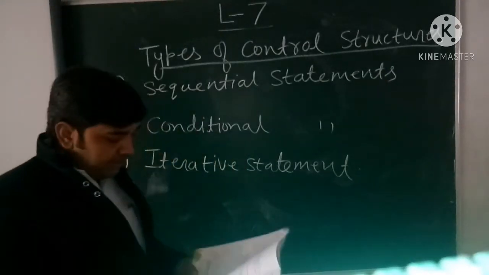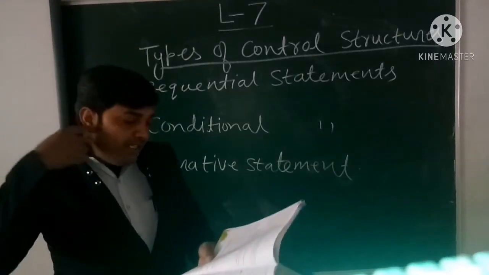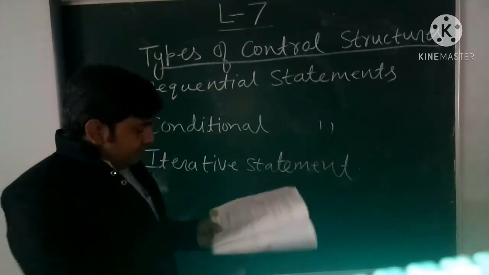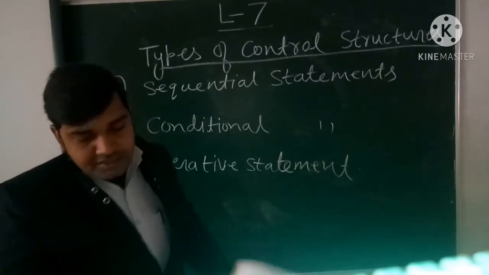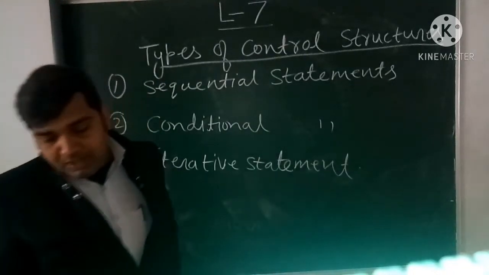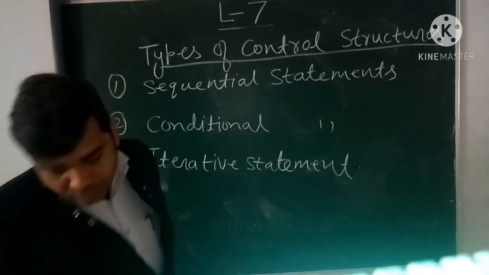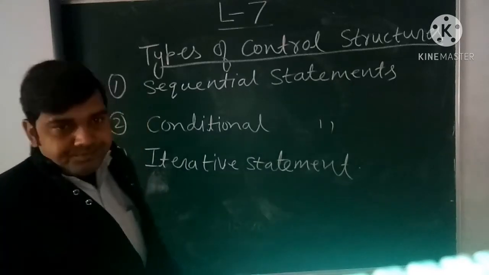In the sequential statement, the program is executed in a sequential manner where one statement is followed by the other. But with the help of a conditional statement, we can make the program control transfer to a specific location depending on the outcome of the conditional expression.